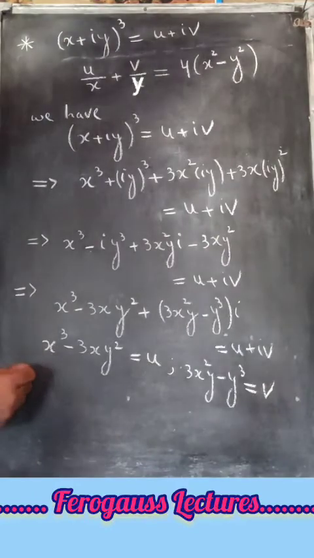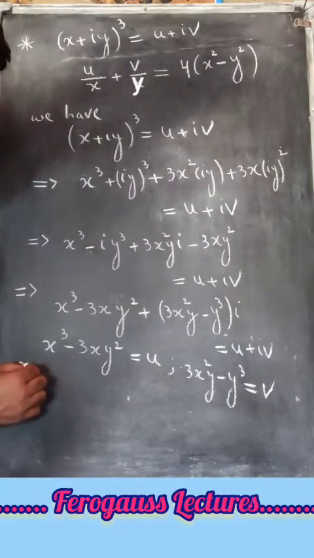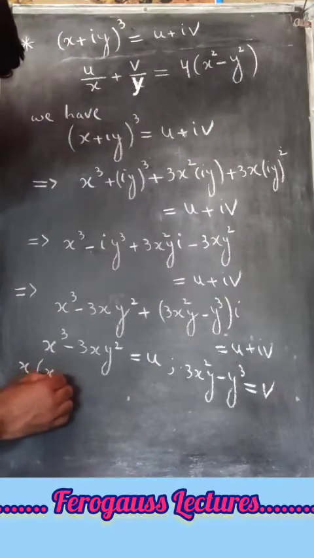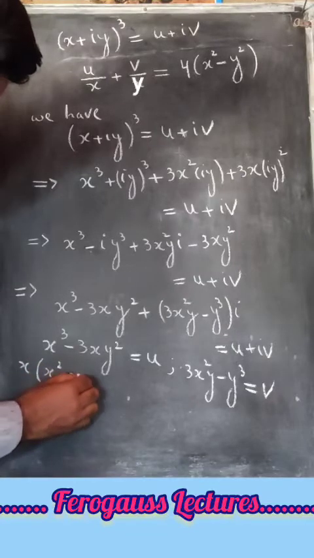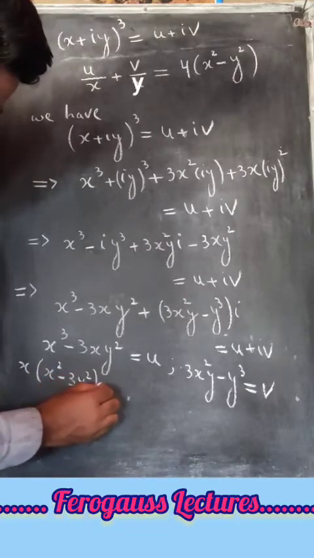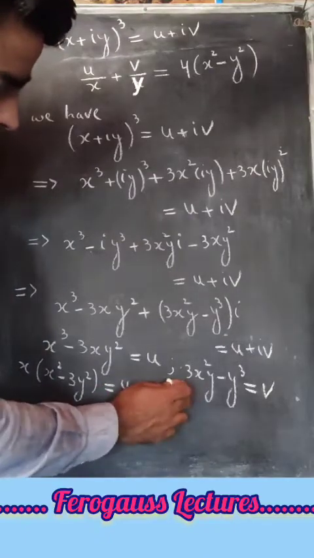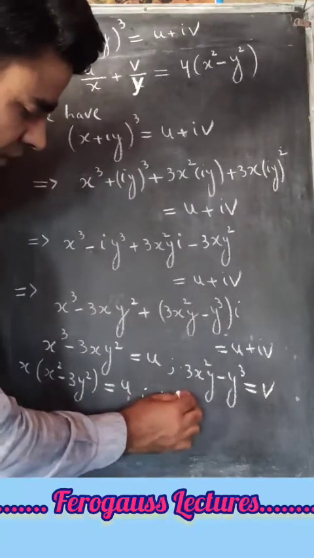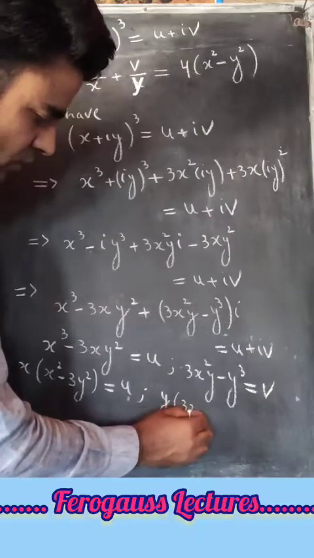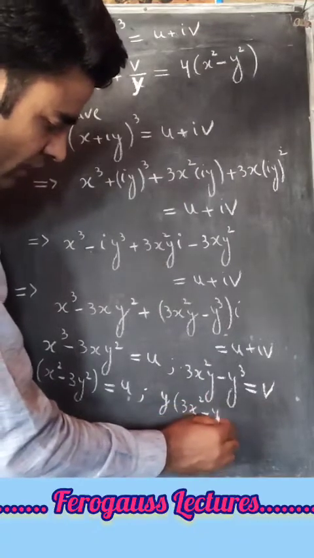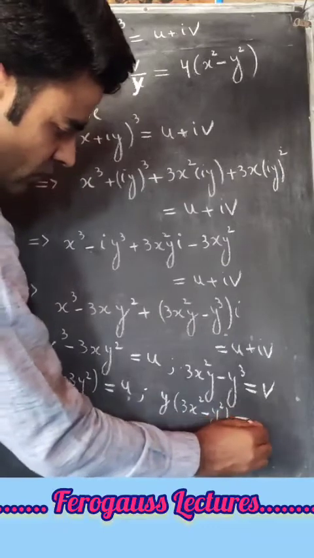Now take x common, so we can write x into x square minus 3y square is equal to u. Here take y common, so we get y into 3x square minus y square is equal to v.